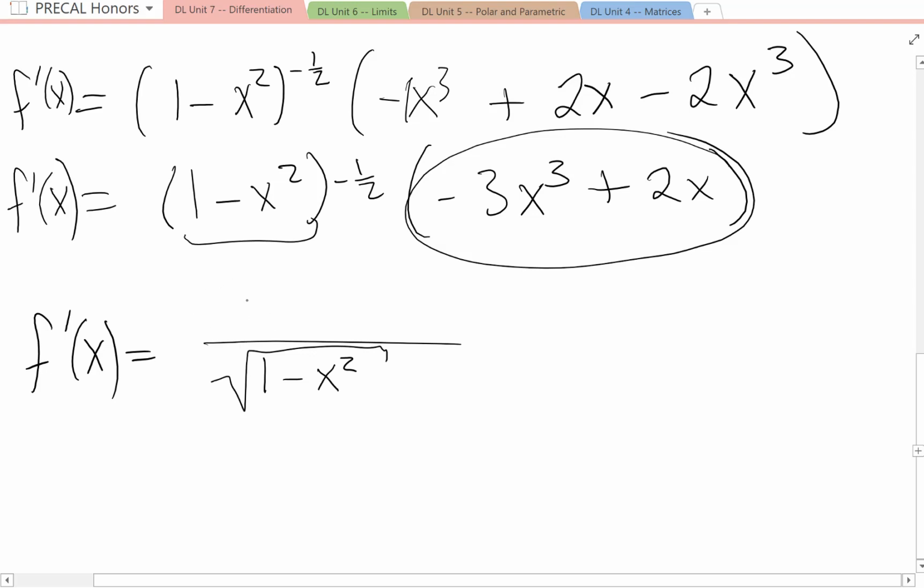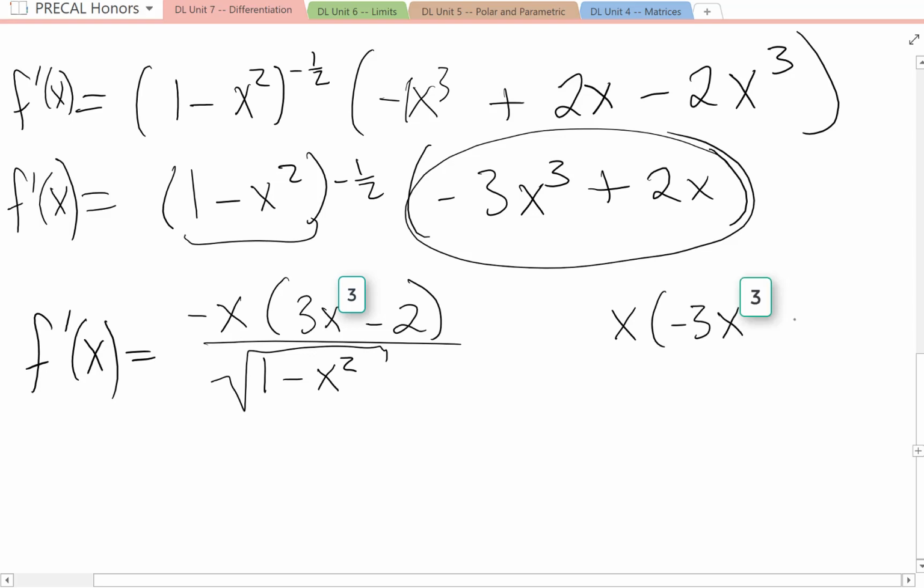And so I'm going to take out an x or a negative x, whichever you prefer. I'll take out a negative x, and this would be 3x cubed minus 2. Or you take out an x and you get negative 3x cubed plus 2.